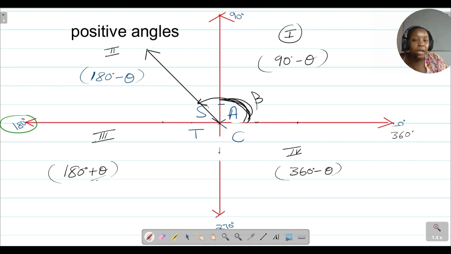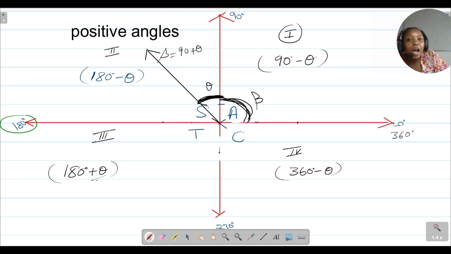Do you guys agree? We're just trying to determine the size from there to there. Let's call that theta. So this angle beta in this case, we can just say it's 90 plus theta.